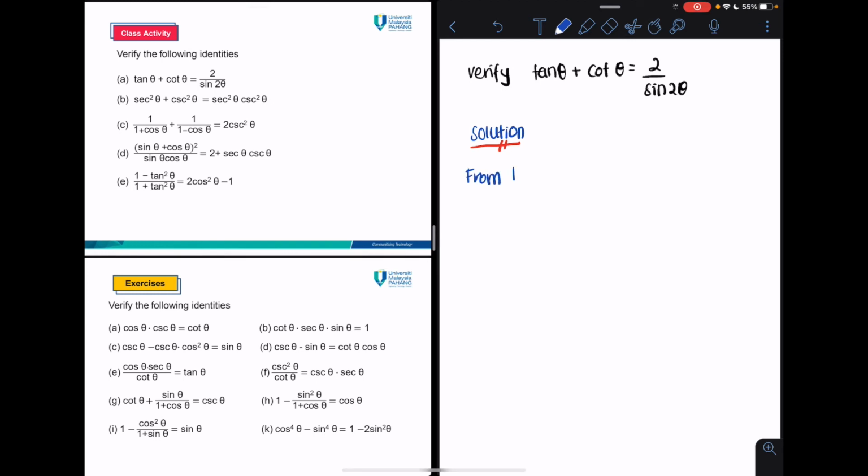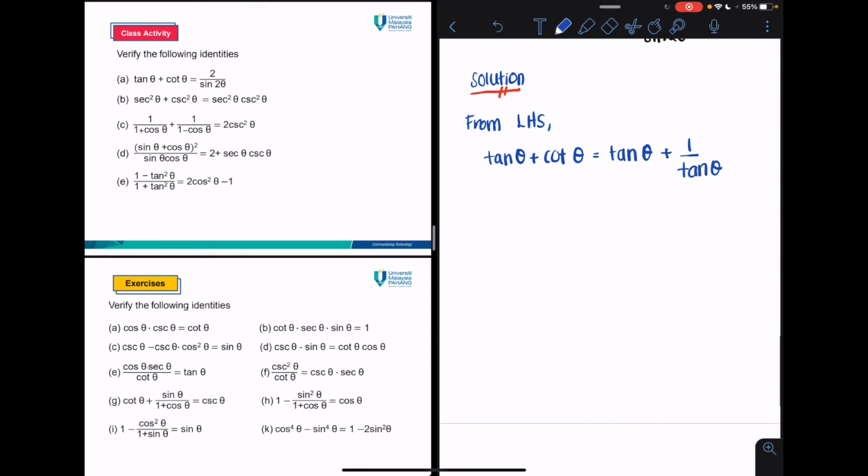From the left hand side, tangent theta plus cotangent theta. This can be translated into tangent theta plus 1 over tangent theta. We know that tangent theta is sine theta over cosine theta, plus 1 over sine theta over cosine theta.